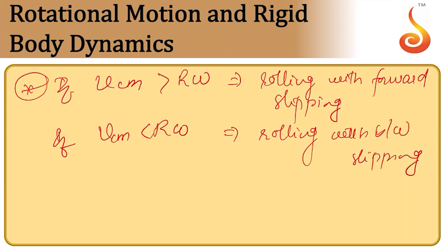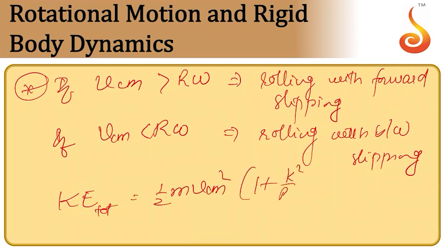And as we have already seen, the total kinetic energy is half m VCM square into 1 plus k square divided by r square. Remember this expression, a quite useful expression.